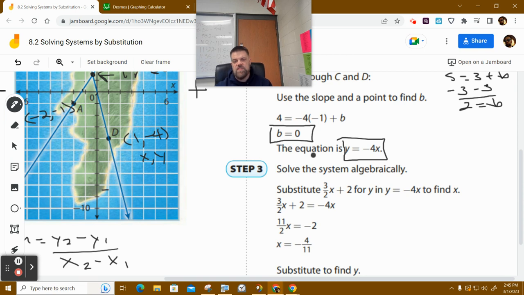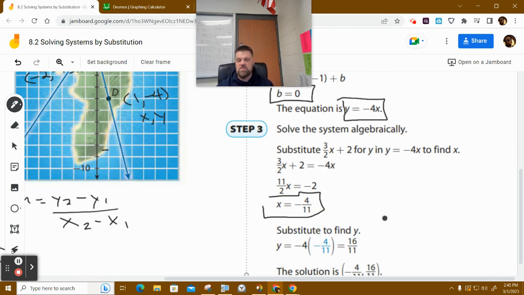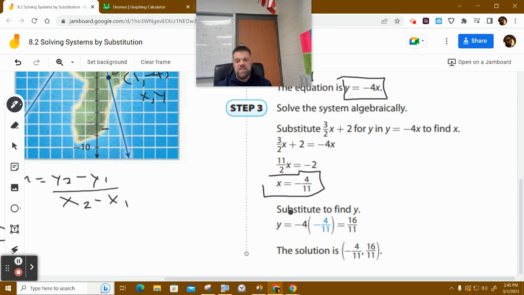Now, I can solve this because they're both equal to y, so by setting them equal to each other, I get that the x-intercept occurs at negative 4 over 11. Lastly, I plug that into either equation. They plugged it into this one, and I get that y equals 16 over 11.